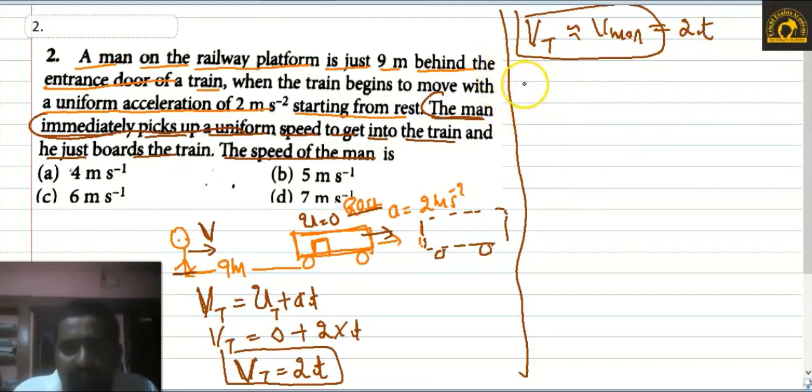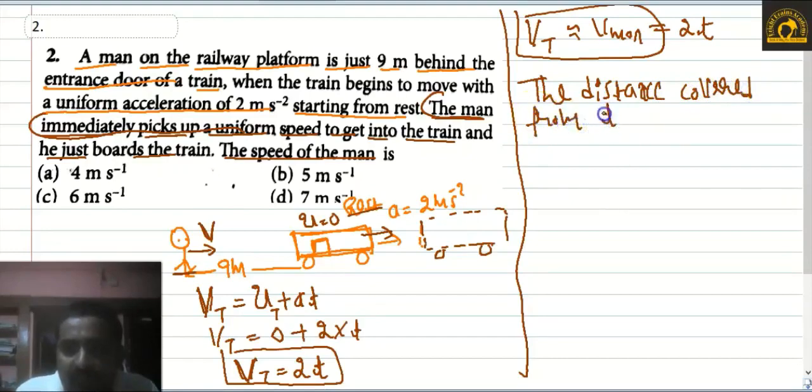Now, what is the distance covered by the train? The distance covered by the train is equal to ut plus half at squared.